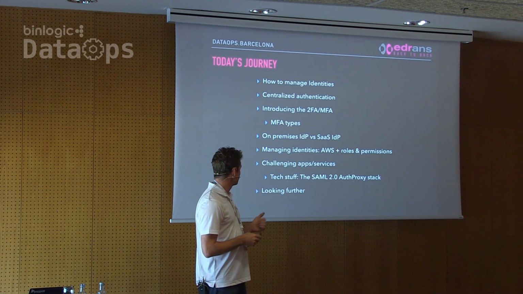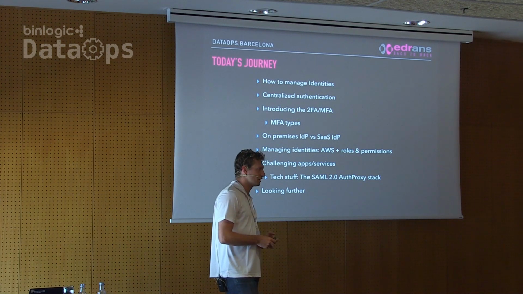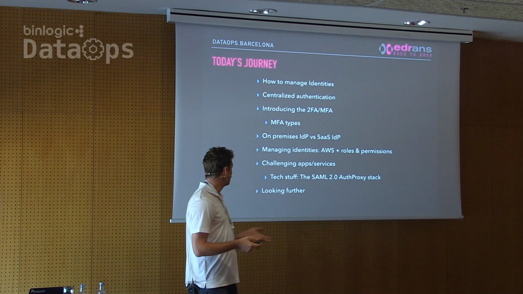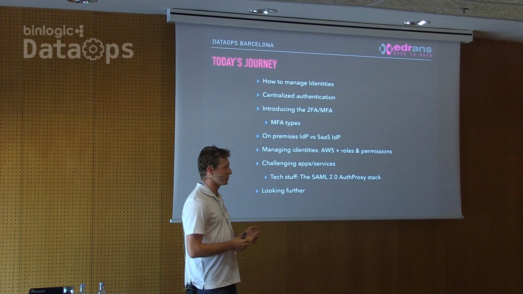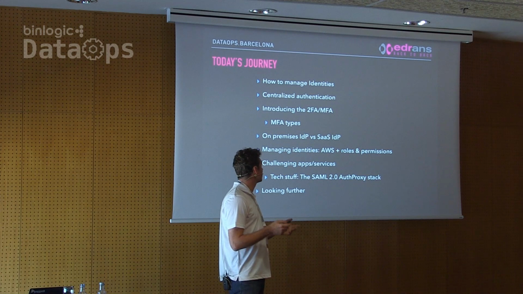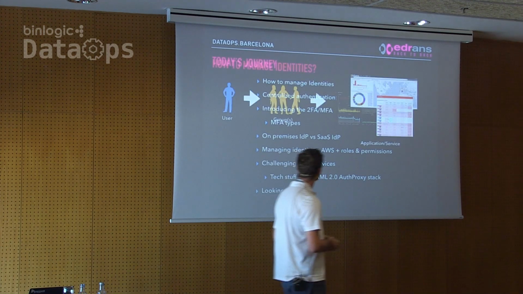Afterwards, we're going to see those challenging applications that refuse to be integrated because they probably still don't have SAML authentication capabilities. And at the end, looking further at what we can do with all this data, I'm going to show you some methods to consume the API from our identity provider and build some really cool dashboards with metrics showing a lot of data.